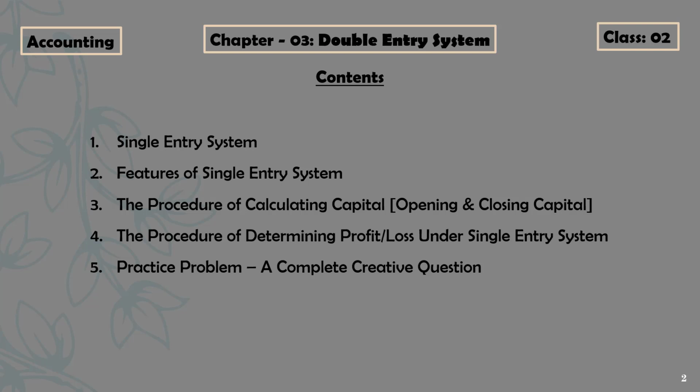There are two types of capital you need to know, and remember that under single entry system any business has two types of capital, that are called opening and closing capital. So we will learn how to determine these capitals.